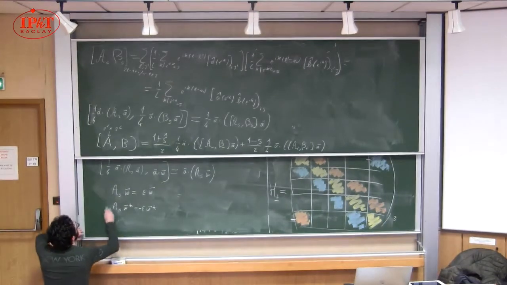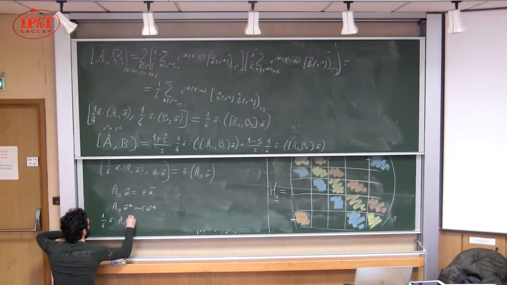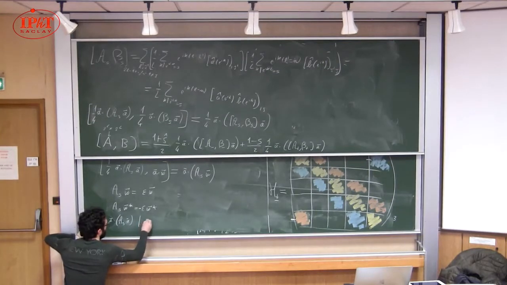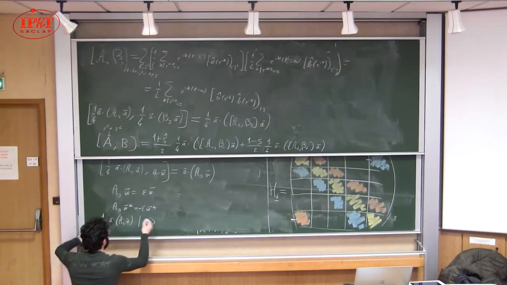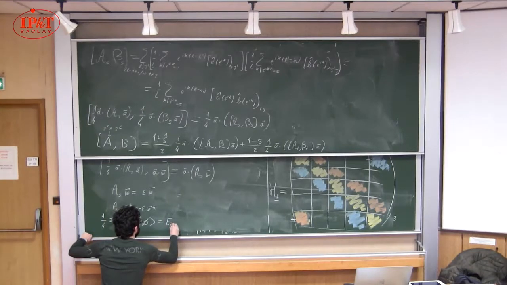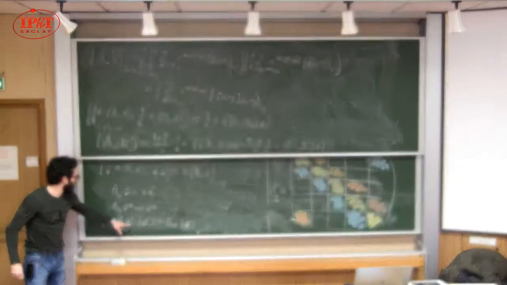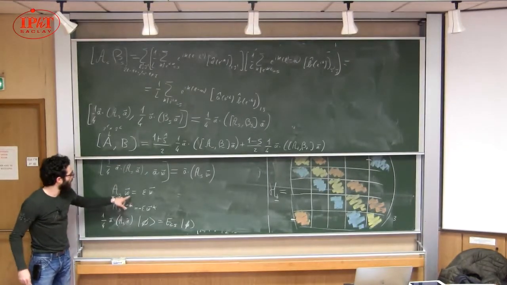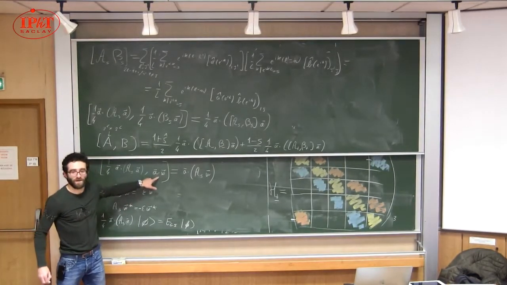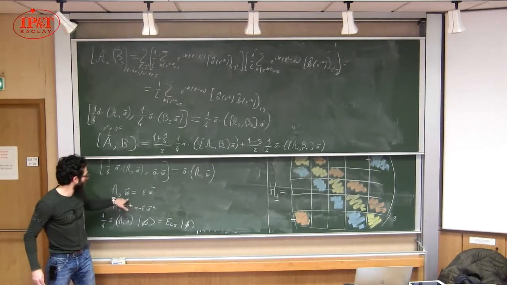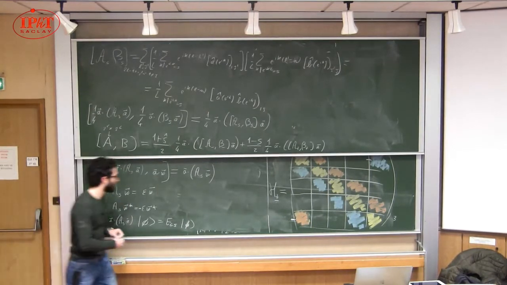So you have 1/4 A as A, and I am giving you the ground state, which is equal to the ground state energy times phi. Now let's include a linear combination of Majorana fermions corresponding to this eigenstate. What happens?